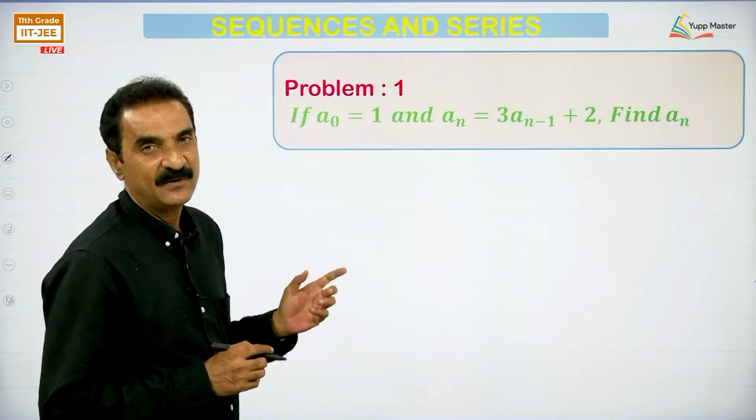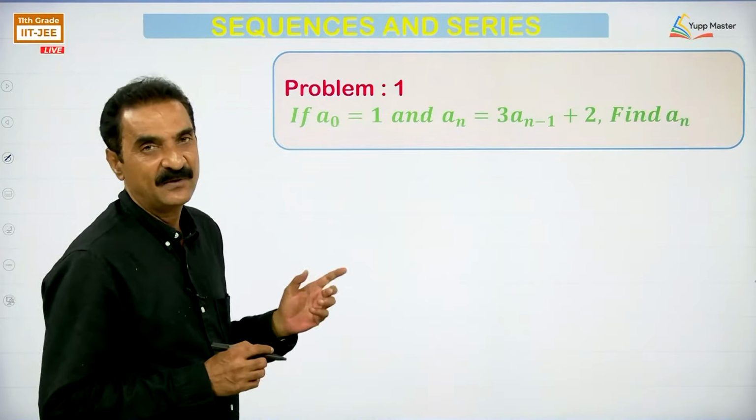For example, A0 is 1, then you can calculate A1 using this recurrence relation. It is 3 into 1 plus 2, so A1 will be 5. If you take n is equal to 1, A1 is 3 into A0 plus 2, that is 5.